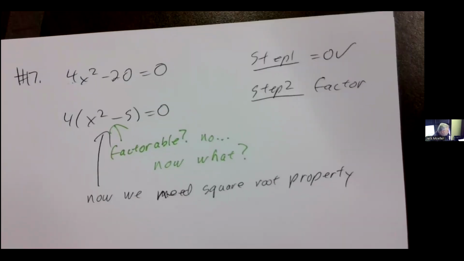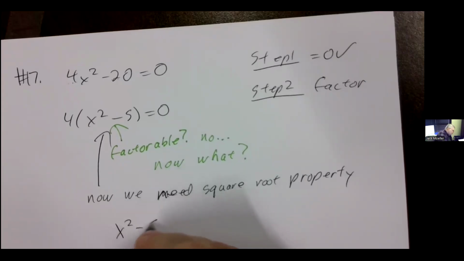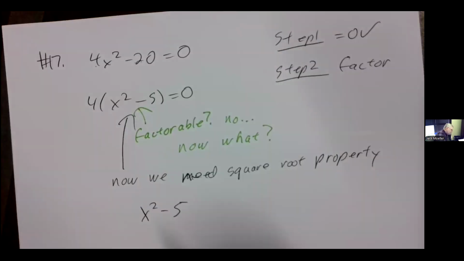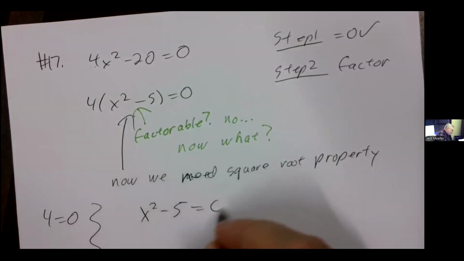I didn't mean to do this yet. I was going to save this problem. But since we're here, I can come back to it later. What we're doing is, we get 4 equal to 0, and we get x squared minus 5 equal to 0.